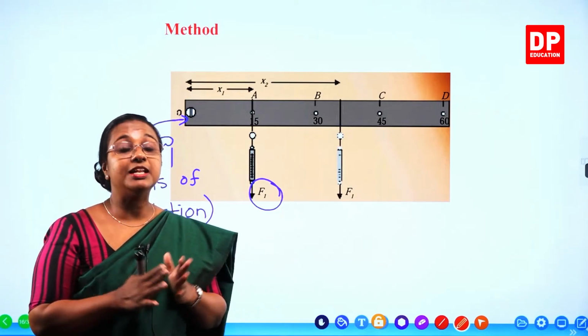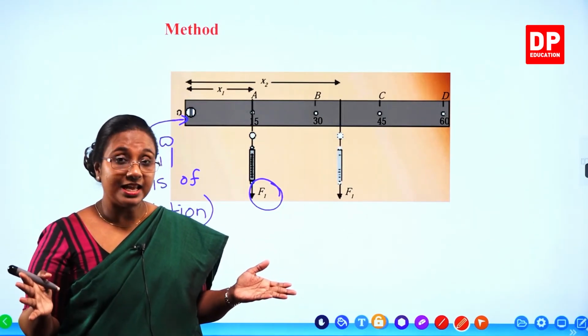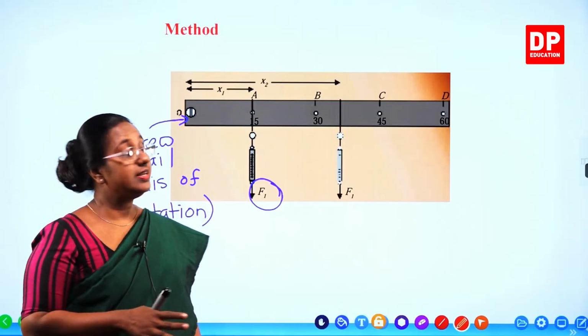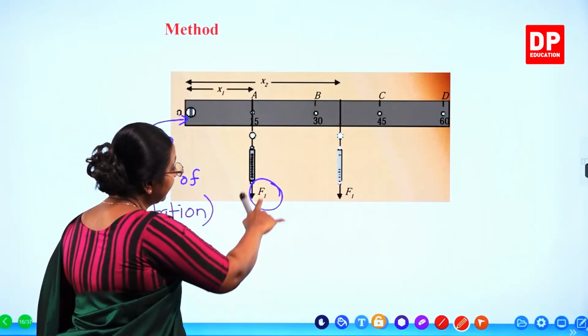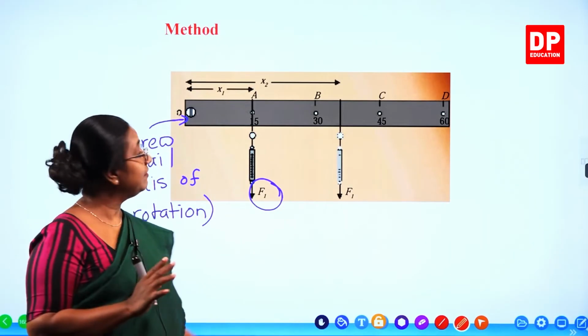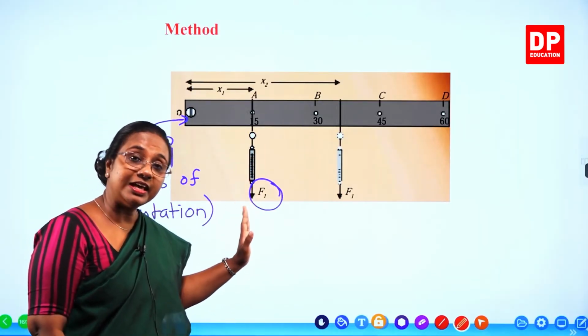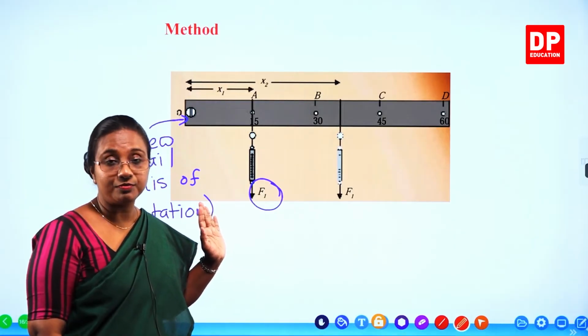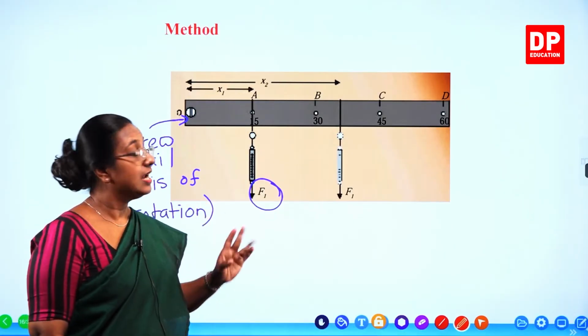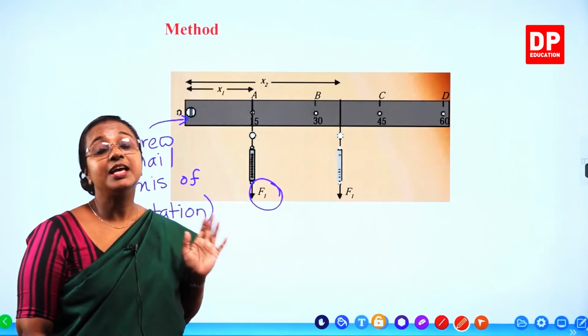Let's say if you get force F1 as 10 Newton, then again we try to apply 10 Newton force and we try to move this strip of wood. You will understand that we cannot move this strip of wood. Why is that? Now the moment of force has increased.